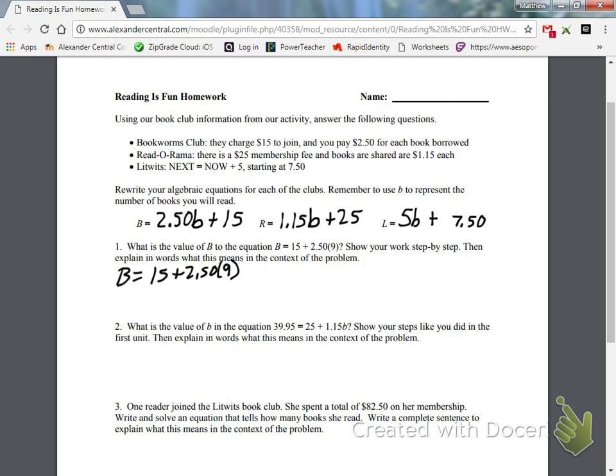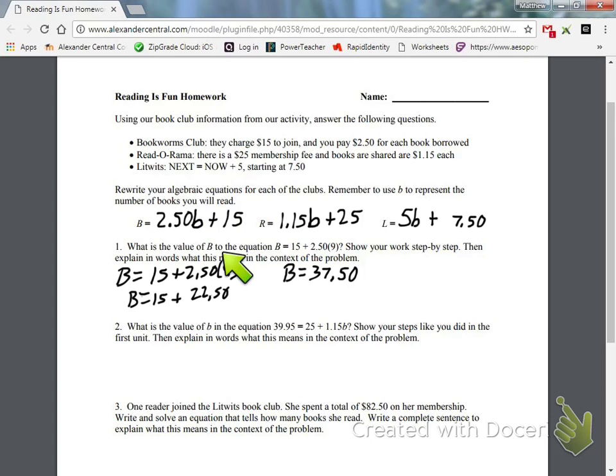Okay, plus $15. Good. It's going to give me 2250. And then I add those. So B is going to equal 3750, right? If I write it correctly, it does. But what does that mean? Let's start off, that 9 we plugged in.